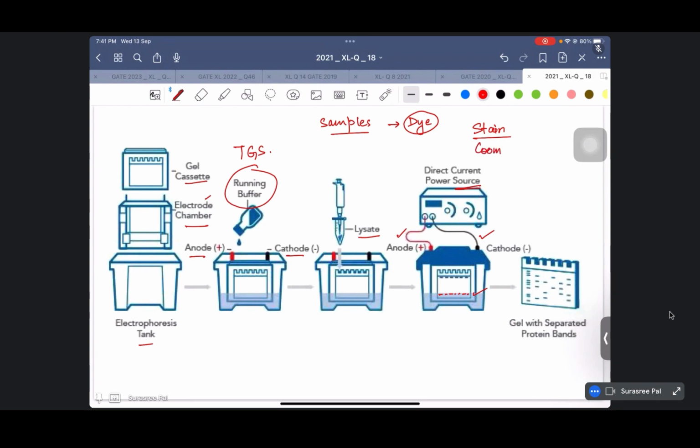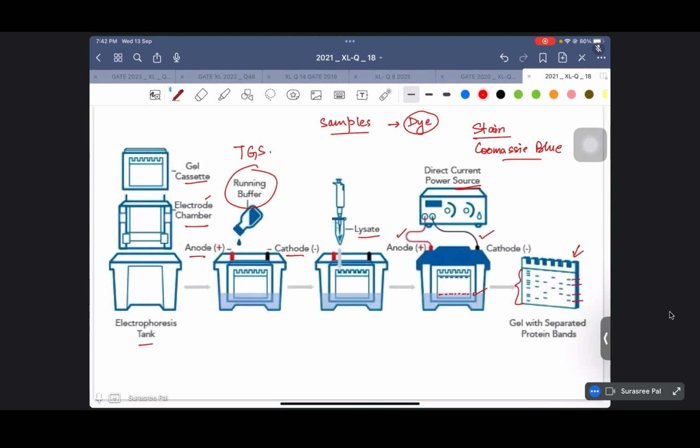Coomassie blue. Correct. Coomassie blue is used for staining the gel, and you also have to destain the gel so that only the protein bands will be visible. So this will form this kind of a gel. Here you can see these are your protein bands. All of these are protein bands, and this is the marker.